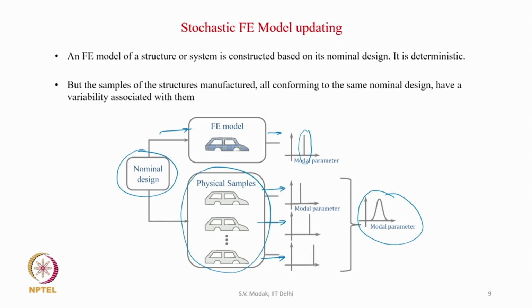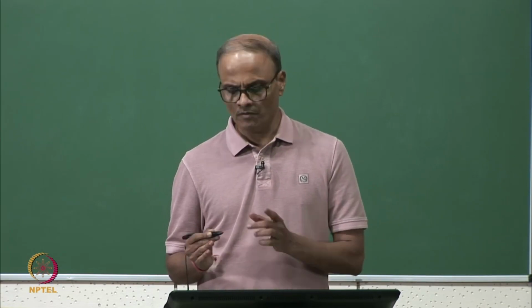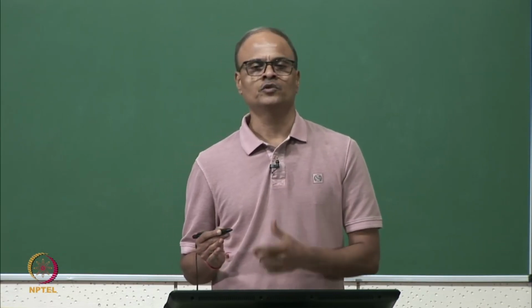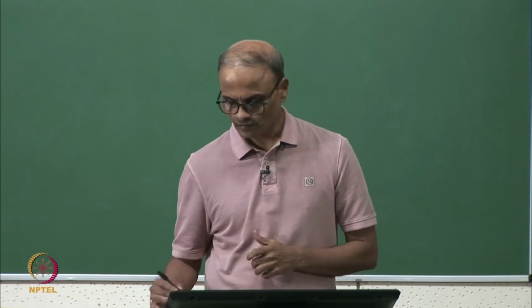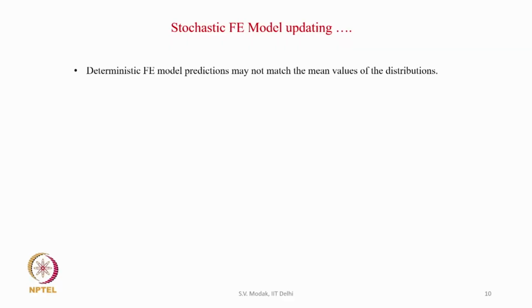So, this shows that the FE model is not able to predict the mean value of this distribution, and also it is not able to predict the variability or the covariance associated with this distribution. The deterministic FE model predictions may not match with the mean values of the distribution, and they also may not be able to predict the variability or spread of the distribution.